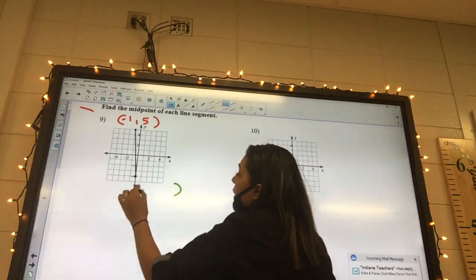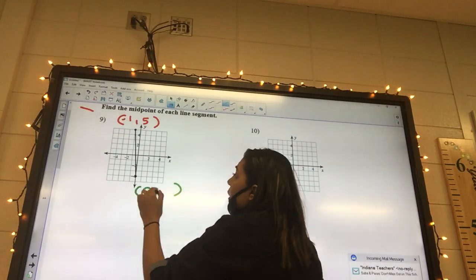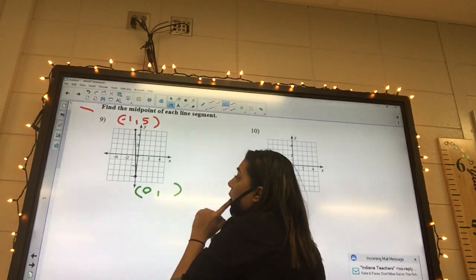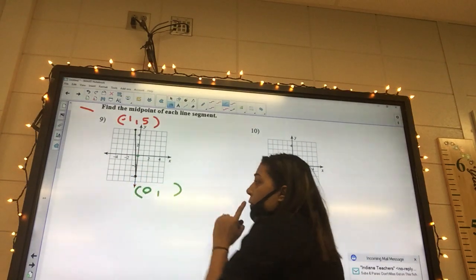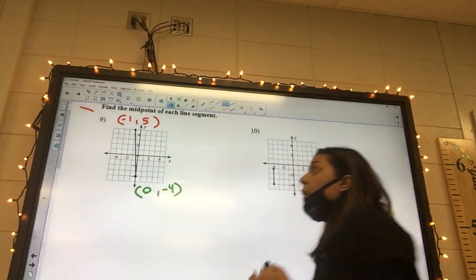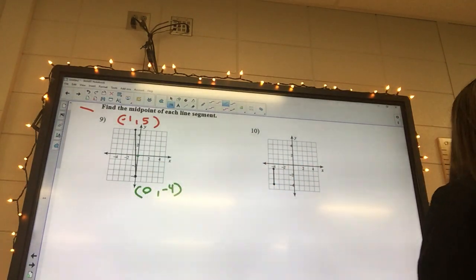So my x is going to be 0. And then how many up or down do I go? 4. Am I going to write 4 or what? -4. Okay, now I have my coordinates.